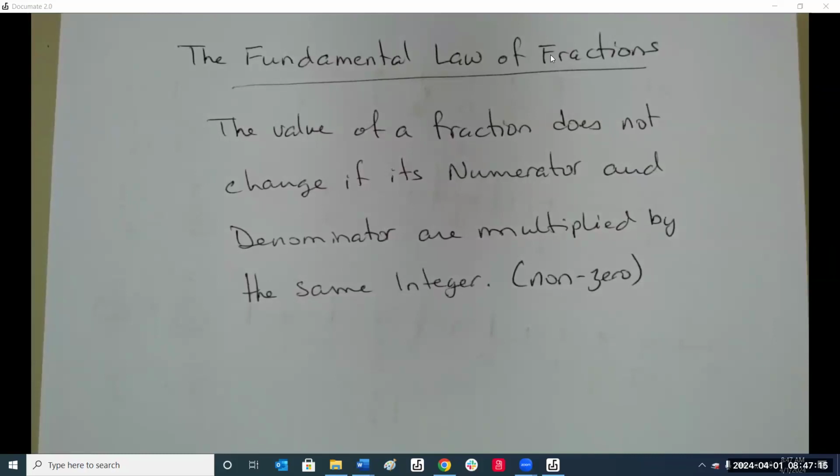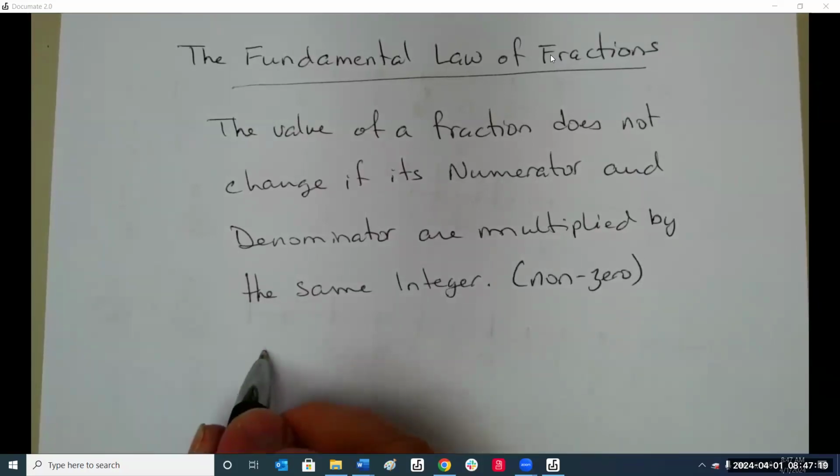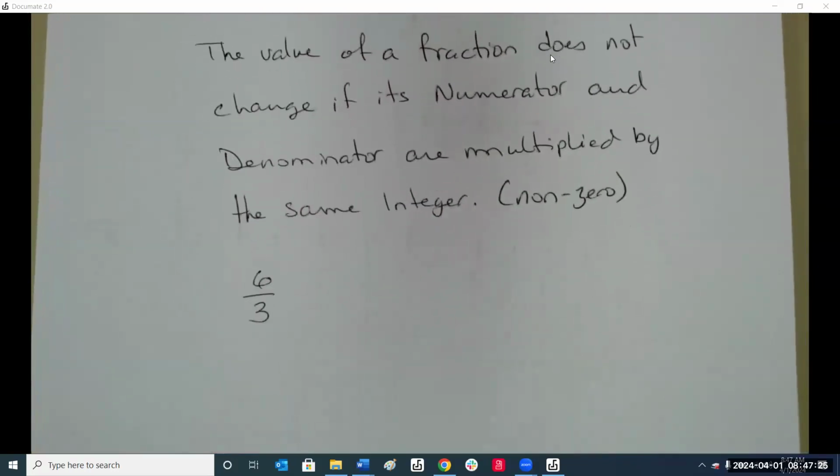Believe it or not, we just showed it to you. What does 6/3 simplify into?